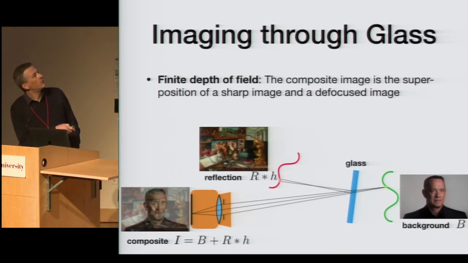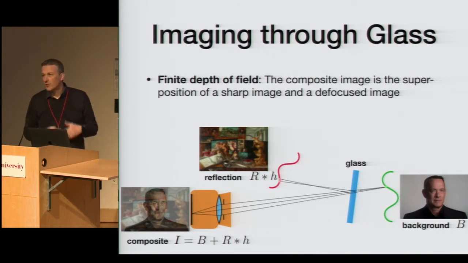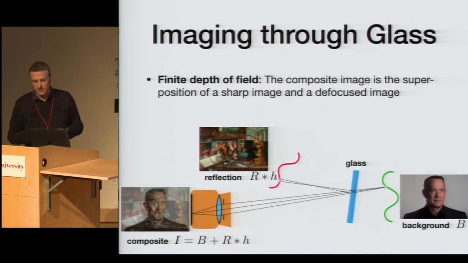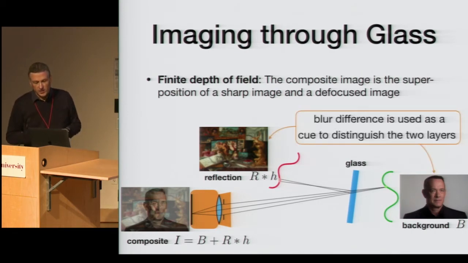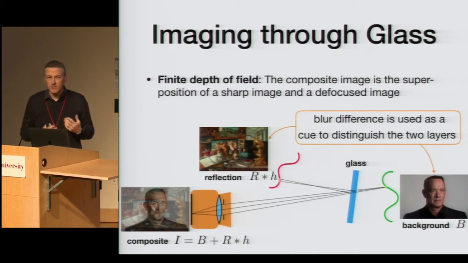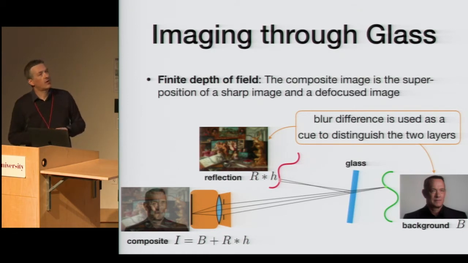And so in general, it will be an image R convolved with some point spread function H. So our composite image will then be given by the sum of the background image and the blurry version of the reflectance. And this Q, this difference between the blur in the two layers, can be used as a cue to differentiate them and to separate them.